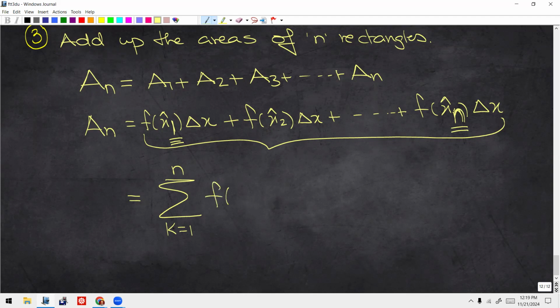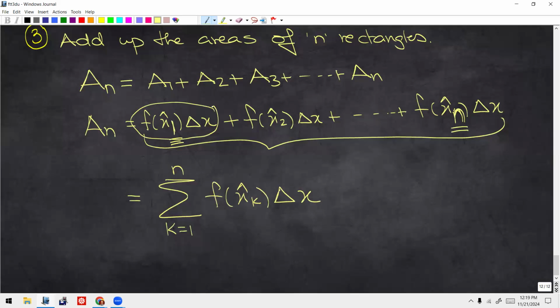We are adding f of x hat sub k times delta x. When k is 1, it gives us this term, doesn't it? And then when k increases, you put a plus sign. Now k becomes 2. That gives us this term, right? Then you increase k, so you put a plus sign, then k becomes 3. That'll give us the next one, next one, next one, till we get all the way up to n. It's just a compact way of writing it.